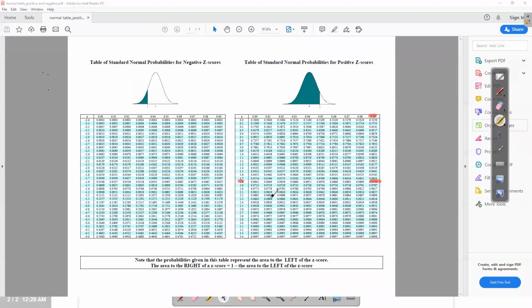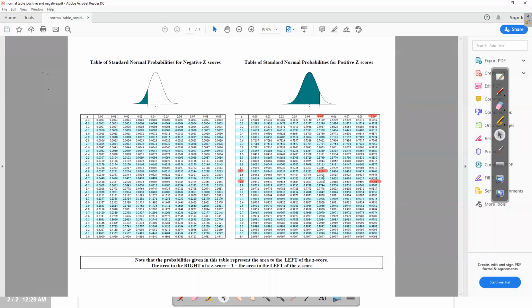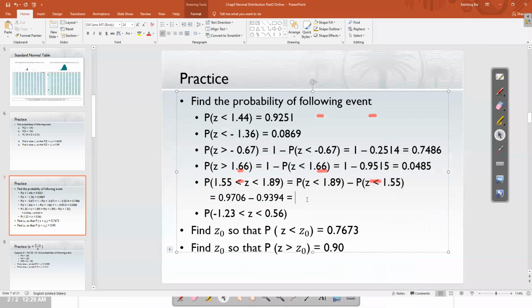So 1.55, the corresponding probability is 0.9394. Okay. Let's verify. 0.9394. Yeah. So then just do the math, right? So 0.0312, right?